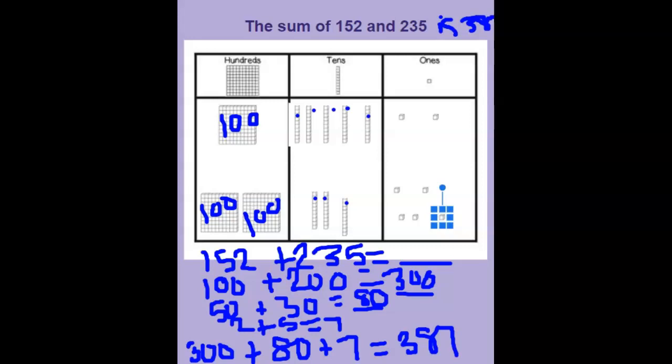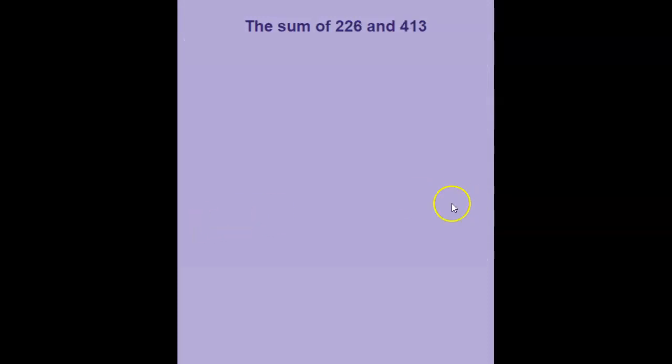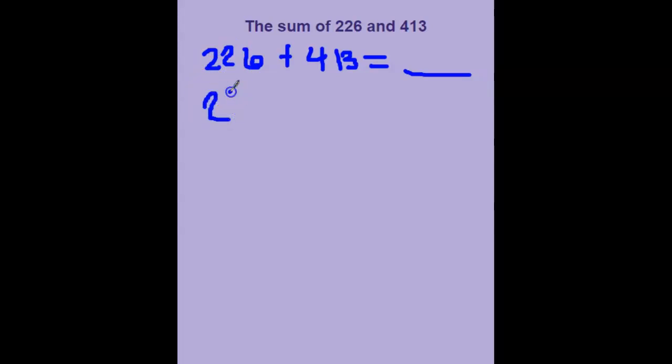Now for my next one, we're going to take away the place value chart and just write the place values of the digits. So we have the sum of 226 and 413. We have 226 plus 413 equals blank. The 2 in the hundreds place would have had 2 flats, and that's worth 200.